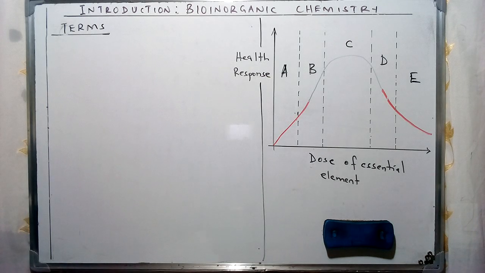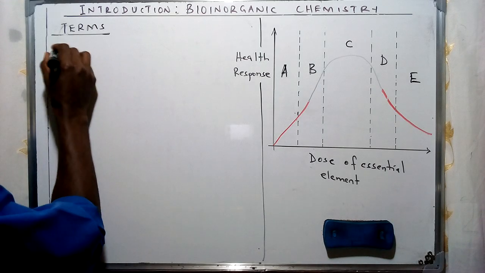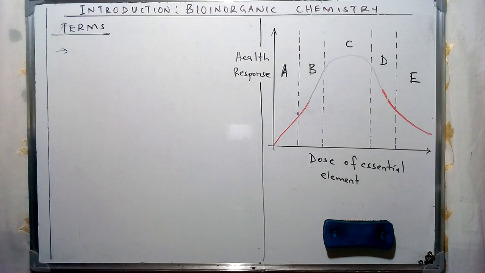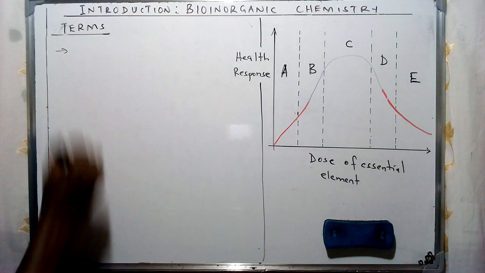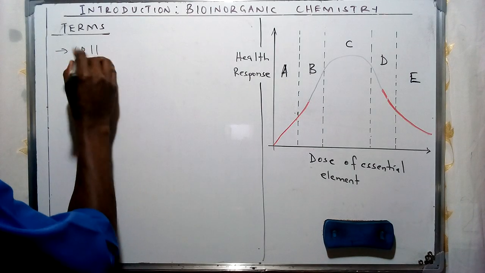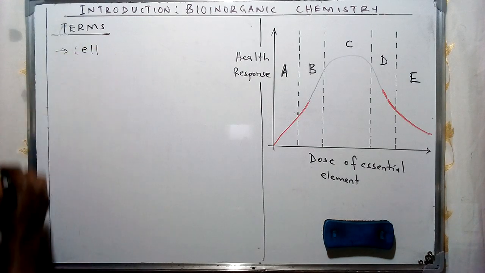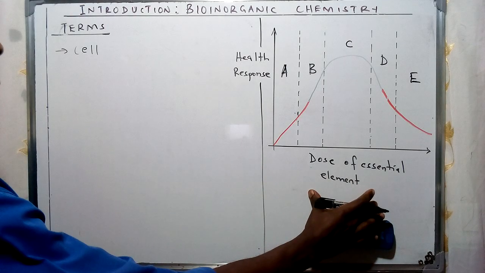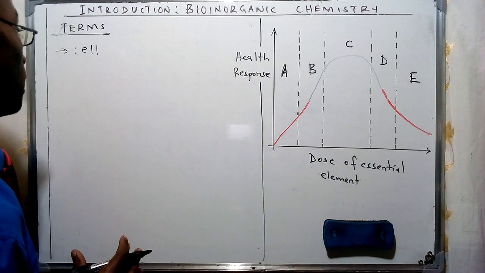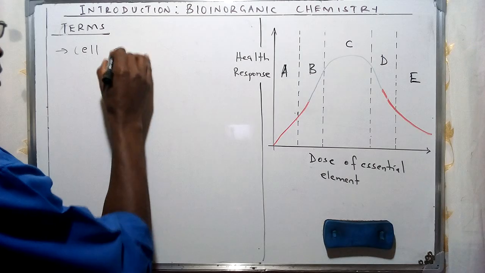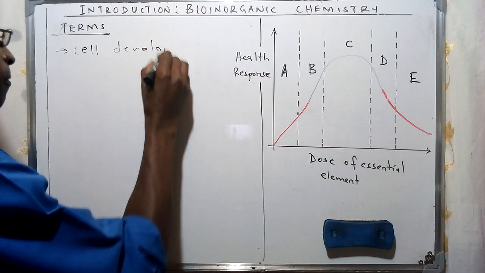Now, I've listed some of the biochemical processes which we're going to encounter in biological systems, and perhaps I can just give examples to remind us in case we come across illustrations like the graph which I'm going to use on the right side of the board. They are going to assist us in understanding the different concepts.